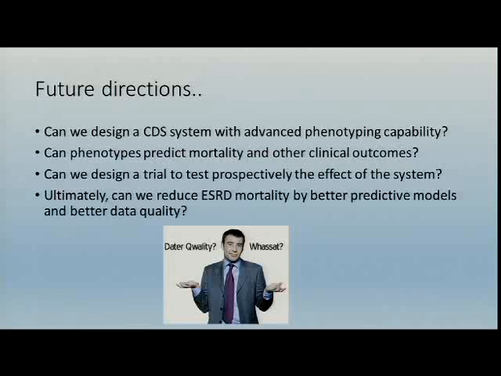Can we design a prospective trial, test it out on a bigger sample, bigger cohort, multiple centers? And ultimately, can that lead to well-designed predictive models where we can actually know what to intervene on, where we can reduce the actual mortality for ESRD patients?